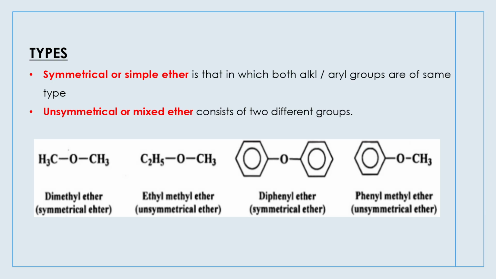For the final example, you can see that we have two separate groups attached. Here, one is an aryl group and the second is an alkyl group, which means you have two different groups attached. So it is the unsymmetrical ether, which is also known as the mixed ether.